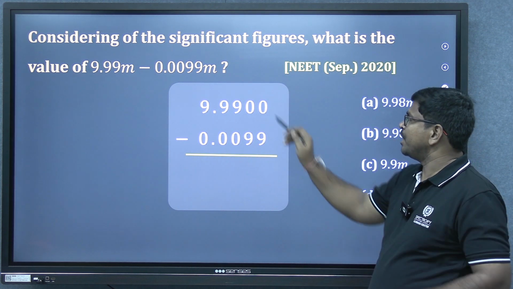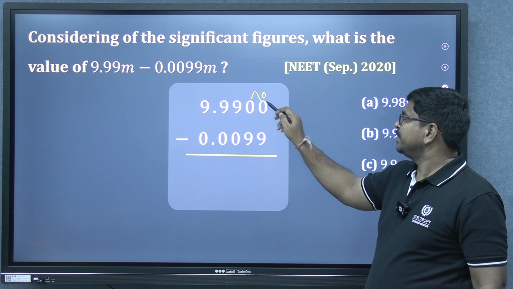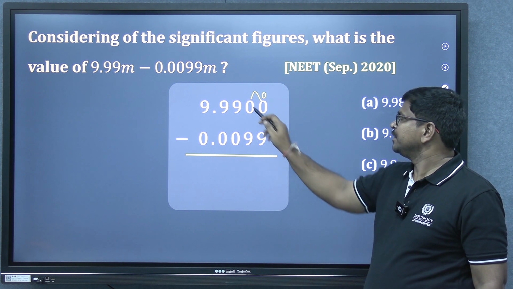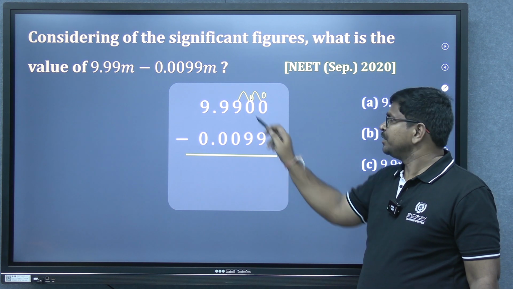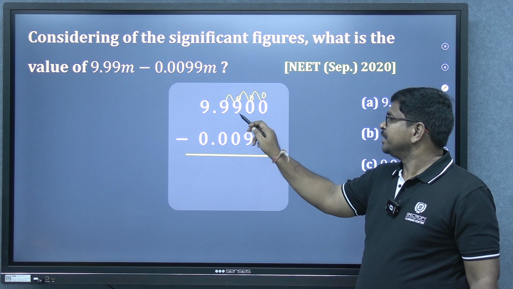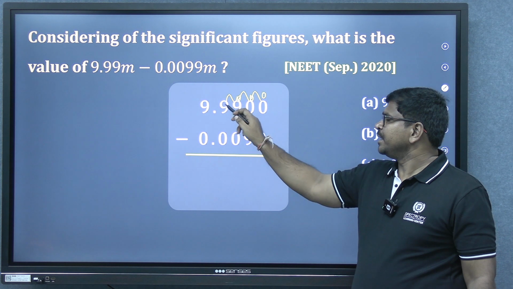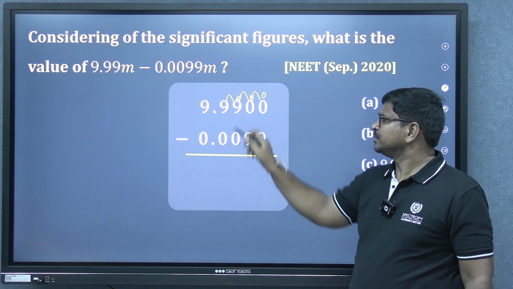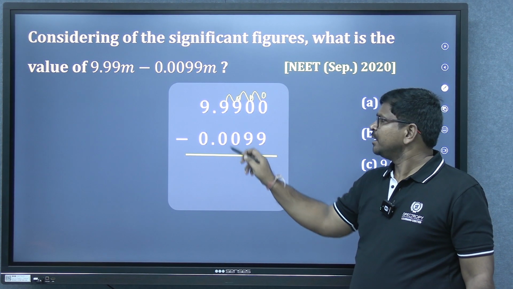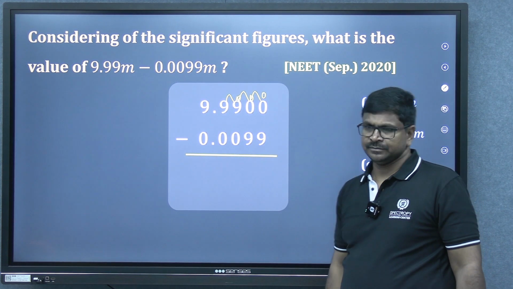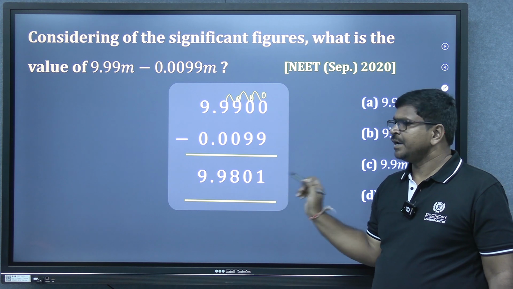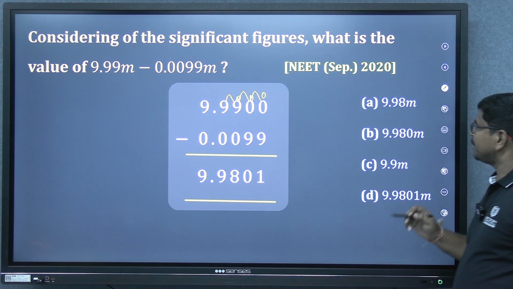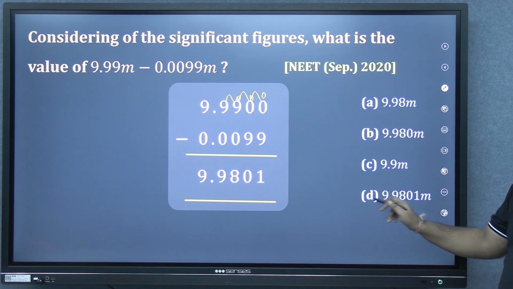When you take borrow, 10 minus 9, 1. Here also borrow, 9 minus 9, 0. Here also borrow, 8 minus 0, 8. Here also borrow, 9, and here 9. So the answer is 9.9801.